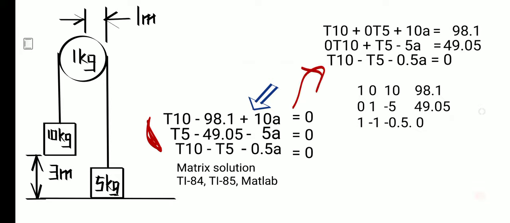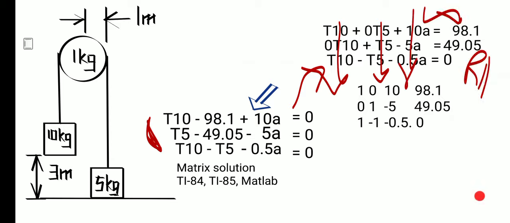But we go here. Notice in each column, we organize things in T10, T5, and A, and then we put the constants on the right-hand side, RHS, and the left-hand side, LHS. You see that? And then we get this matrix here.